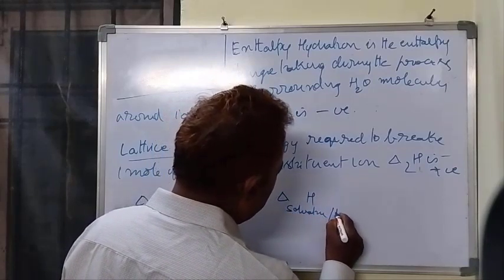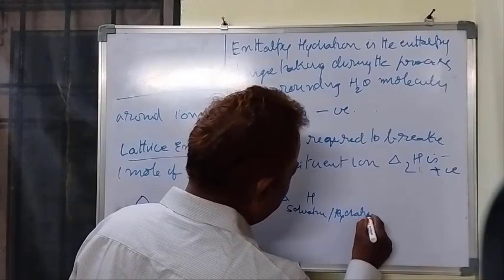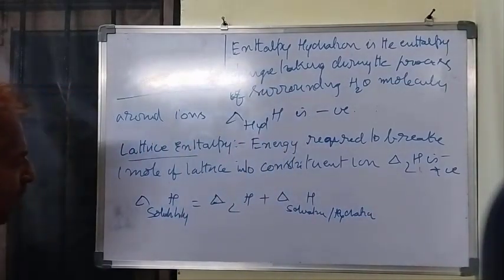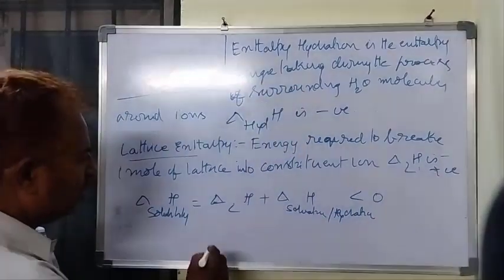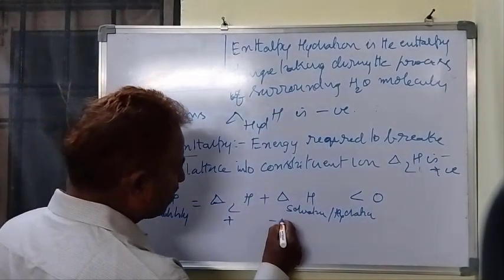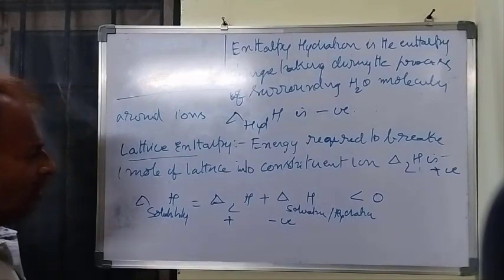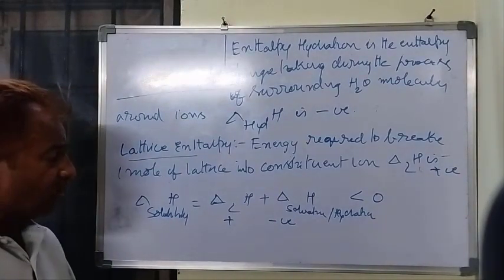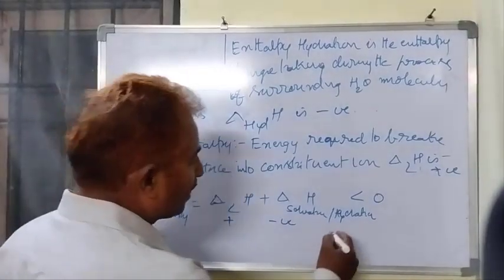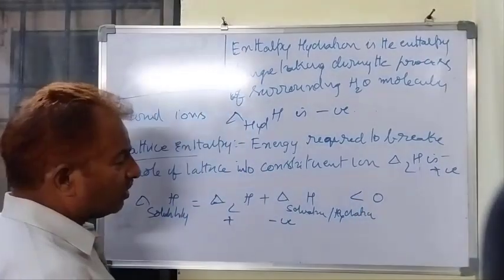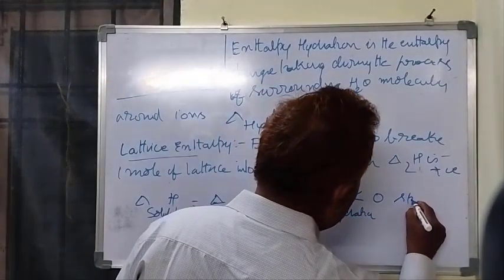Solvation means, if it is water, it is referred to as hydration. Now, if the value is less than 0, so this is positive and this is negative, that means the enthalpy of hydration is in large excess of the lattice enthalpy. Then the result is negative. Therefore, it is spontaneous.